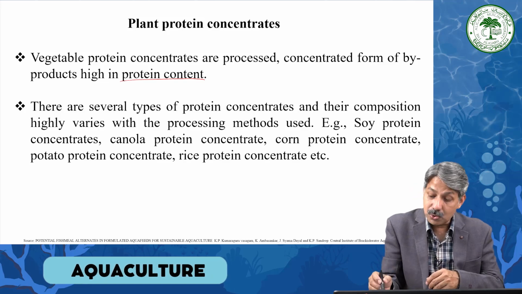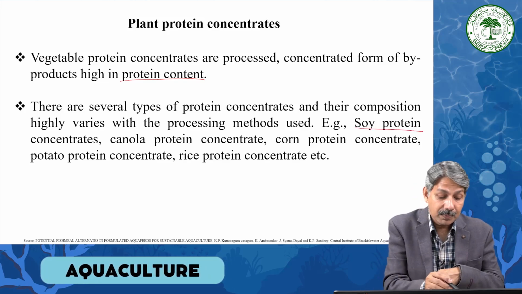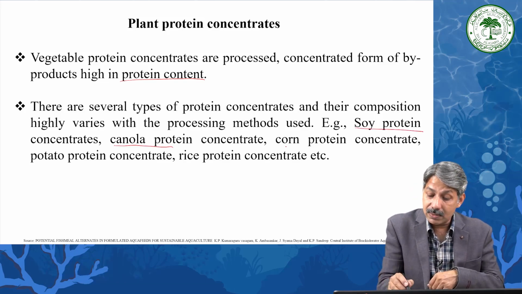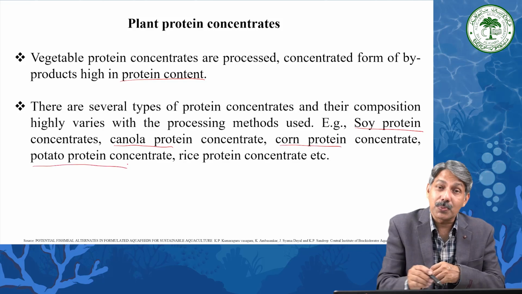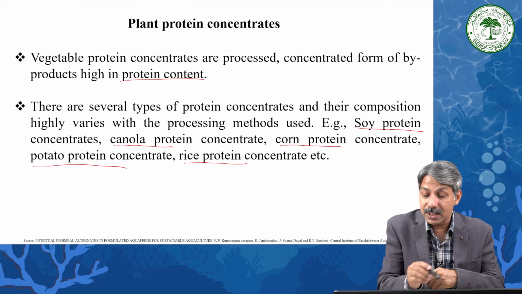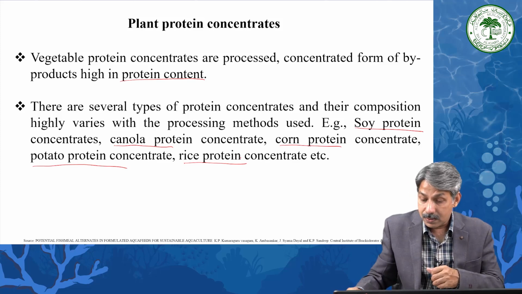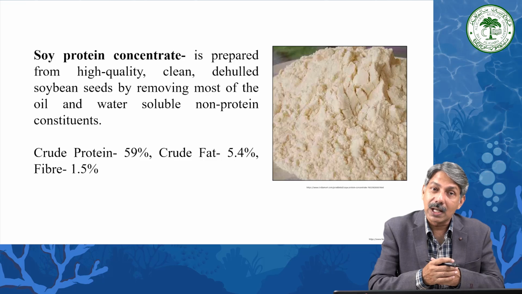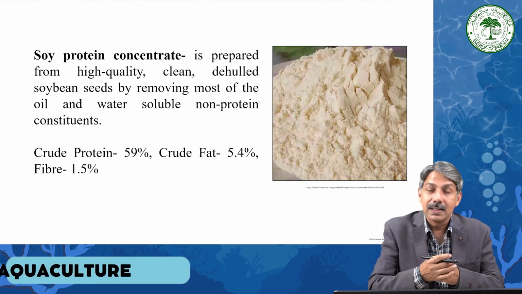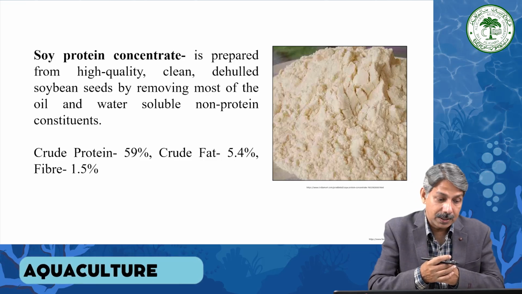For example, we have soy protein concentrate, canola protein concentrate, corn protein concentrate, potato protein concentrate, even rice protein concentrate. So, it's simply which ingredient you are taking and what type of method you are using that will determine the appropriateness of that ingredient for use in fish feed.